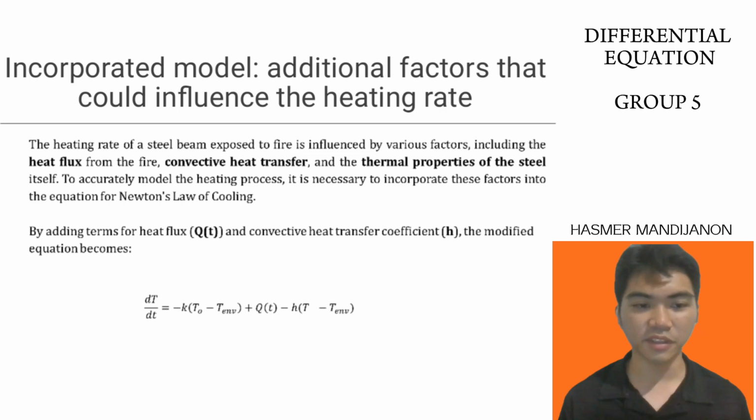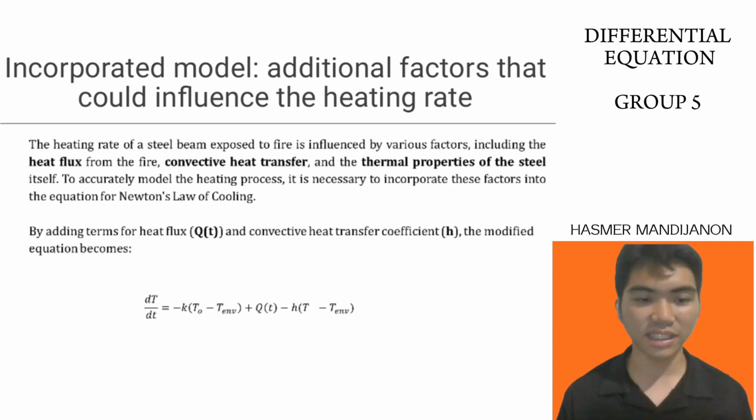By adding terms for heat flux, which is Q of T, and convective heat transfer coefficient H, the modified equation becomes dT/dt equals negative k times the quantity T plus Q of T minus H times the constant. These equations allow for a more comprehensive analysis of the heating of steel beams under fire conditions, considering the dynamic nature of the fire environment and the complex interactions between the fire, steel, and the surrounding air.